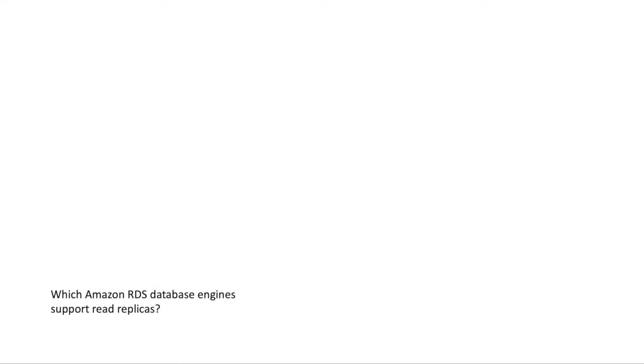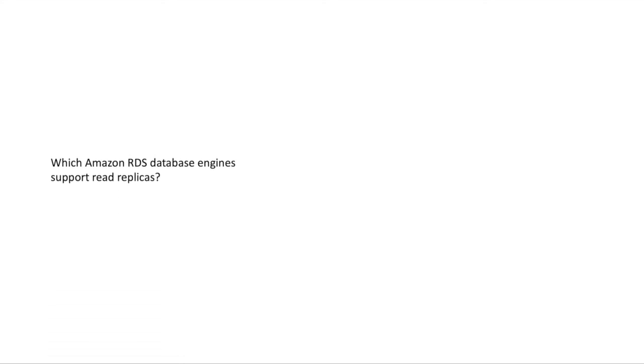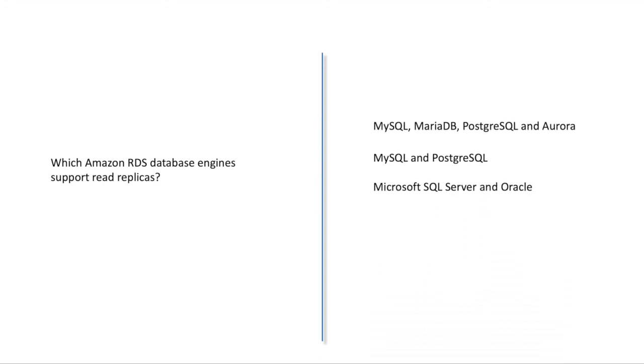The third question is, which Amazon RDS database engines support read replicas? We have not covered database engines which support read replicas in this course. Why I have put this question is, I just want to let you know that you can go to the AWS website. There you will get all these details related to all the database engines.